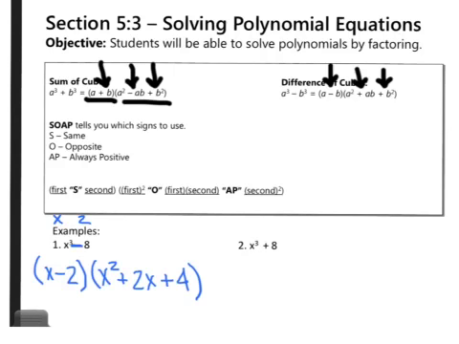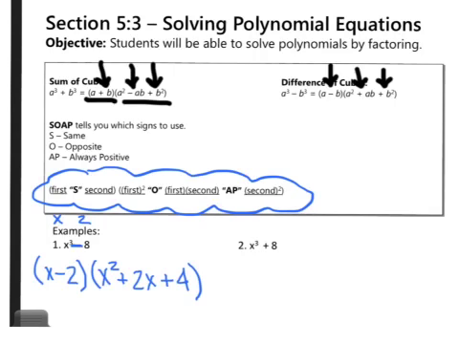That is your factored form. So I'm just following this little sequence, and SOAP: same sign, opposite sign, always positive.